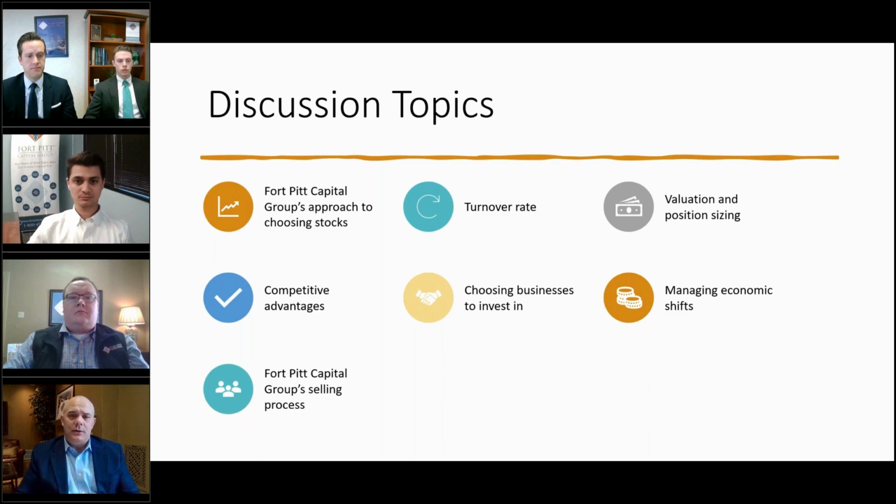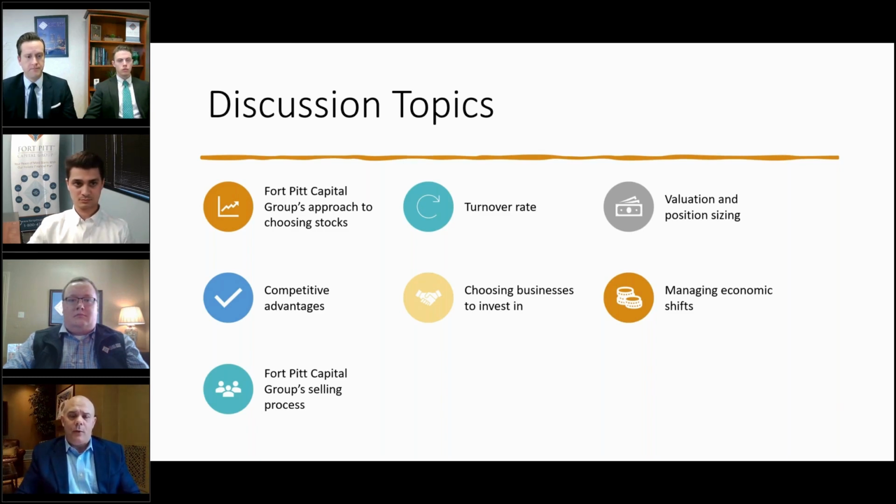In those situations, your position sizes are just so inconsequential that even when you do have phenomenal outcomes, it doesn't have an impact on the portfolio's bottom line. So, a long-winded way of saying we typically hold about 25 to 35 stocks in our strategies. We think that's the sweet spot where we have enough diversification, but also meaningful enough position sizes to have an impact.